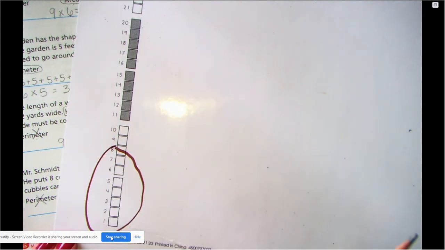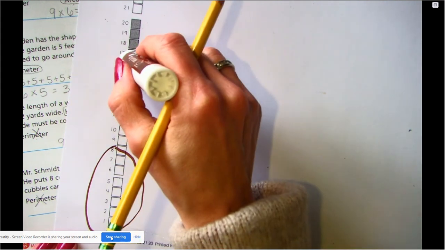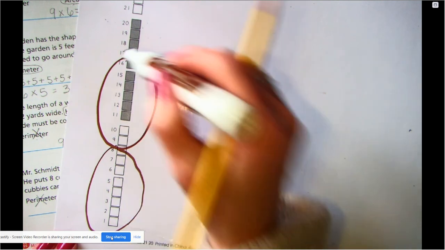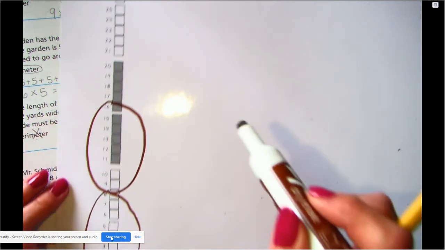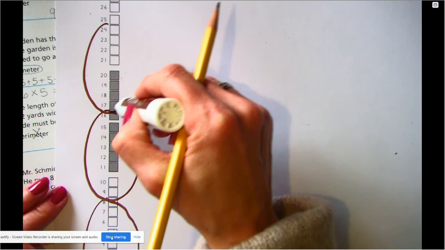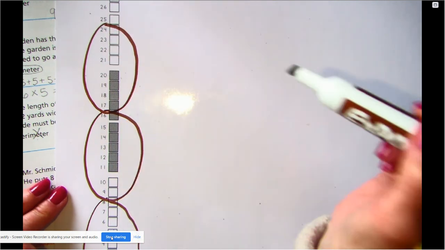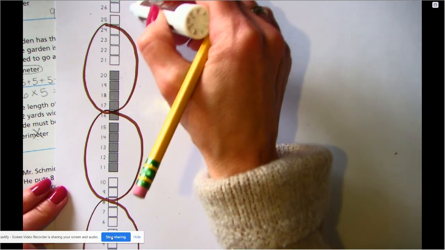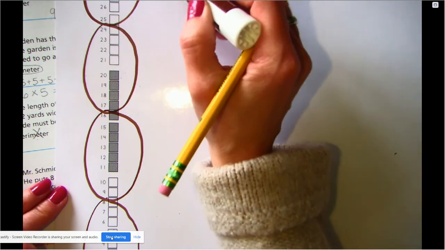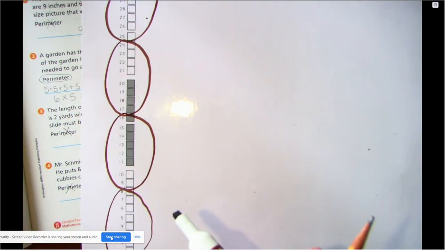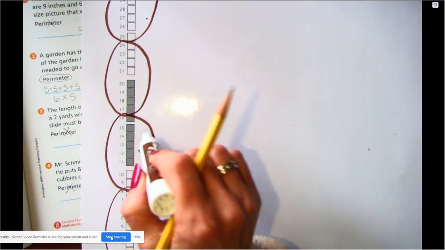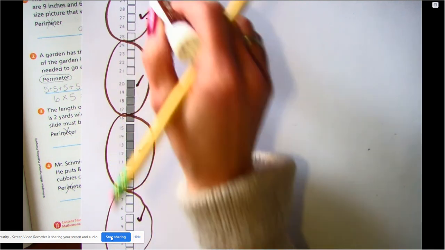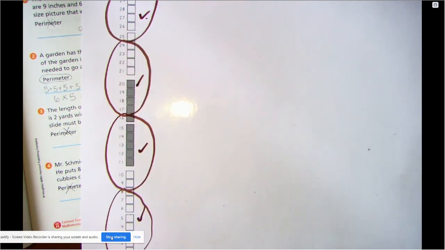And I'm going to circle another group of 8 to count those boxes, and another group of 8, okay, and another group of 8. There's 5 there, and 6, 7, 8. Okay, so how many times did I do that? How many groups of 8 do I have? 1, 2, 3, 4. I count by 8 4 times to get to 32.